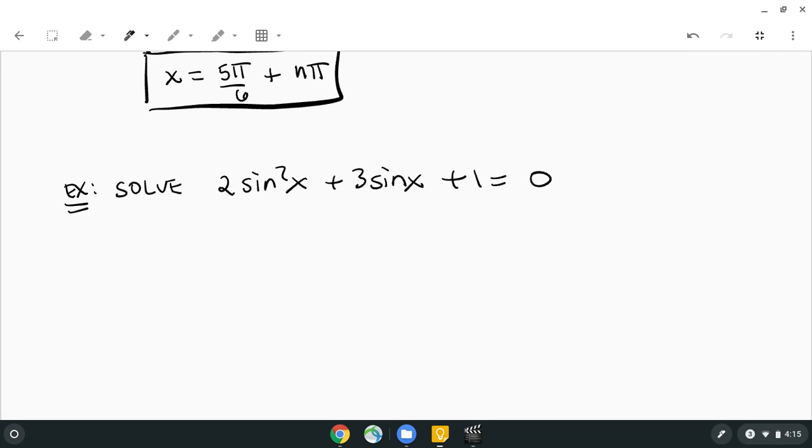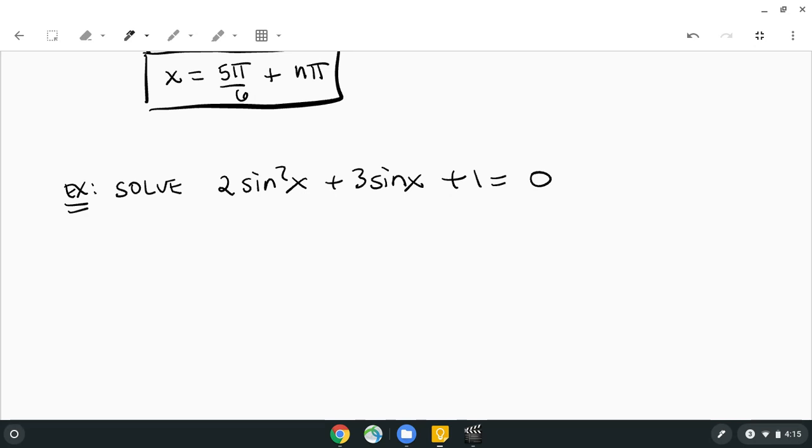So in this case, you have to pay attention to its structure and see if it fits the structure of a quadratic. And it does. So this is like if I let sine be u, the letter u, then this could easily be written as 2u squared plus 3 times u plus 1, right?